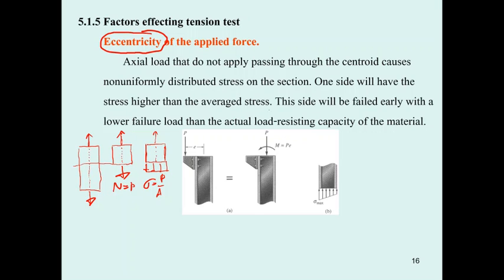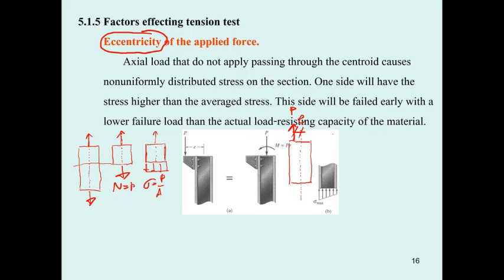However, when things change, when the specimen is subjected to an eccentric force, for example, our specimen has the line of centroid here, and the force is applied out of the line of axis with an eccentricity of e.